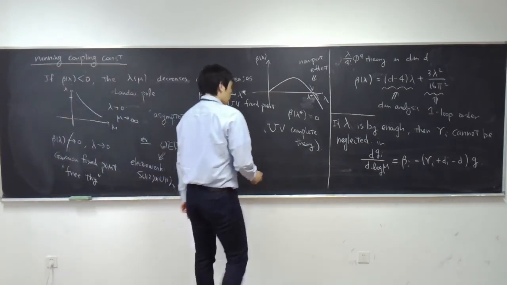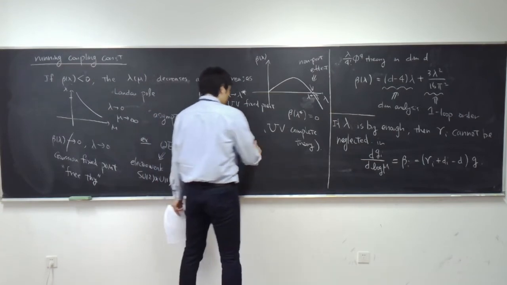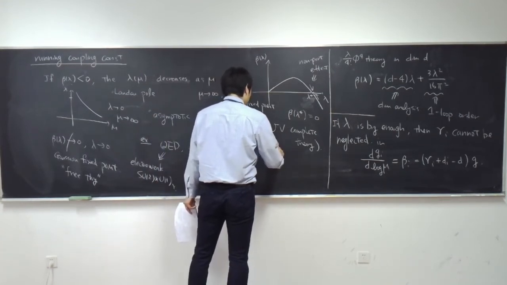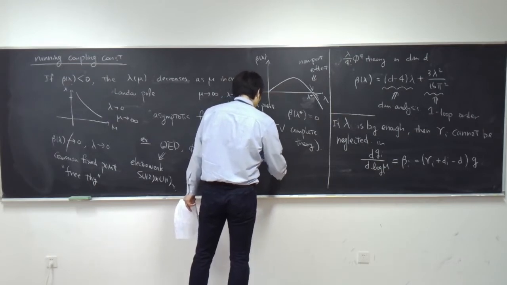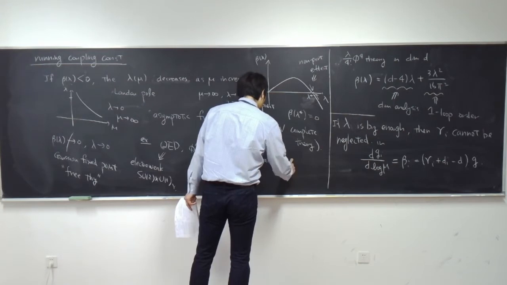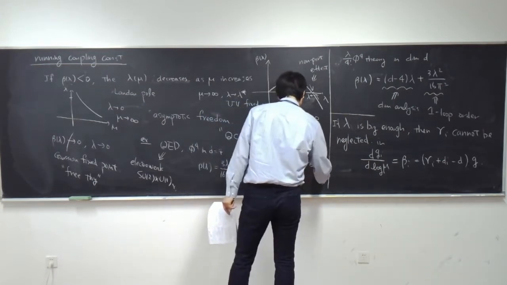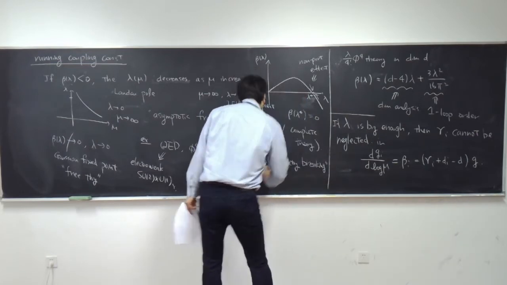And lots of interesting phenomena occur, the so-called mass gap, chiral symmetry breaking, at IR.